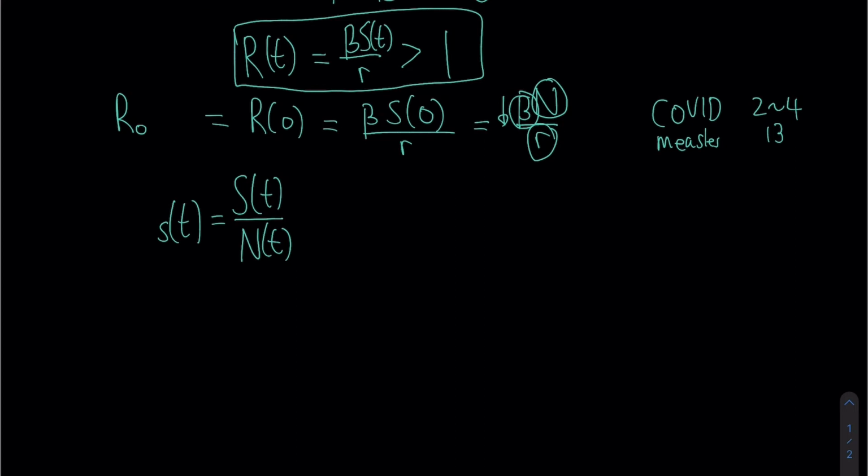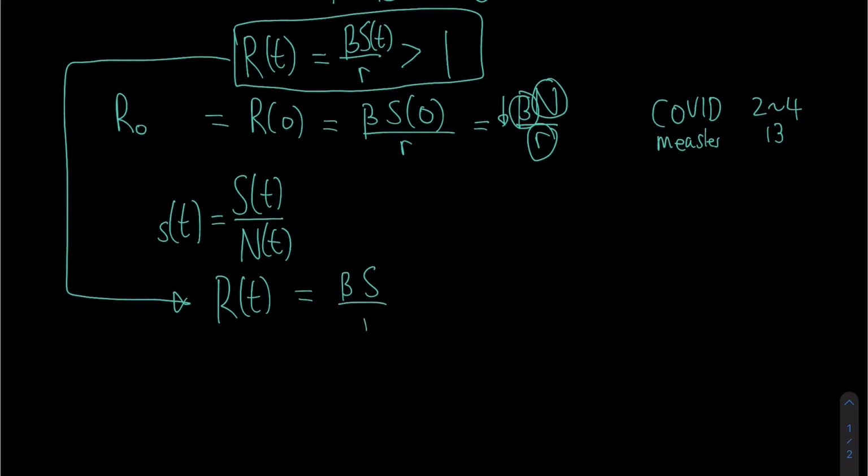Now, Rt, big Rt, which does not mean how many people have recovered at time t, but refers to the R that epidemiologists like to refer to so much, is beta S over r. And R0 is beta N over r. So if we multiply R0 by S over N, then we see that the N is going to cancel, and this is going to be Rt.